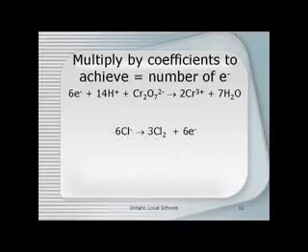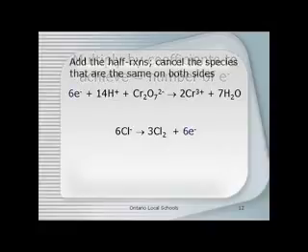Now that we've multiplied by coefficients to achieve the equal number of electrons, we can just look at the two half reactions, and we can see that we have the same number of electrons being lost as being gained. Everything is balanced for the number of atoms and the amount of charge. We're going to add the half reactions, and when we do this, we're going to cancel the species that are the same on both sides.